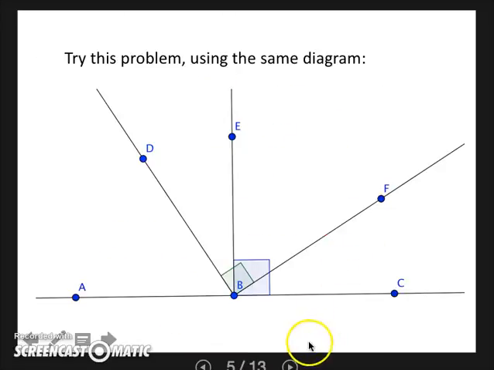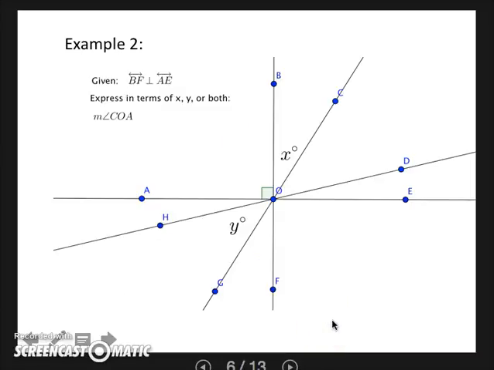You try this problem using the same diagram. Here's another example. Suppose we're given that line BF is perpendicular to line AE. We want to express in terms of x, y, or both the measure of angle COA.